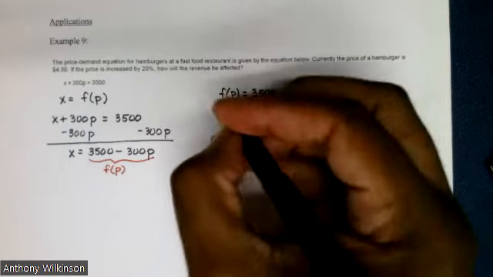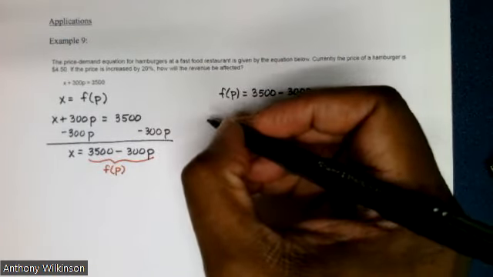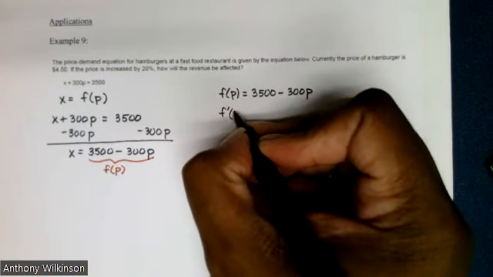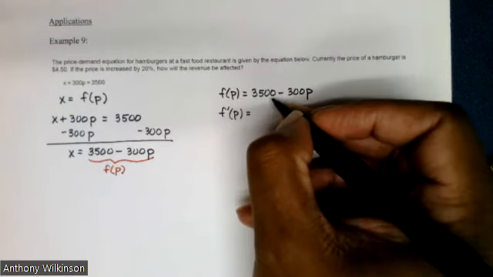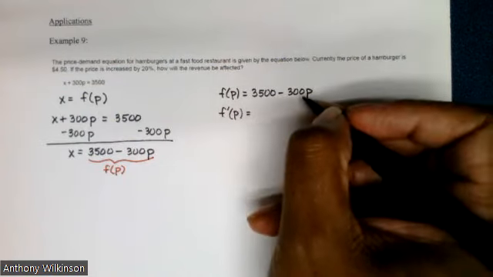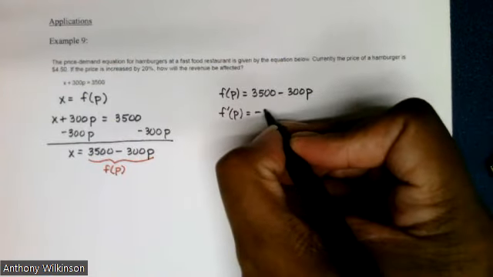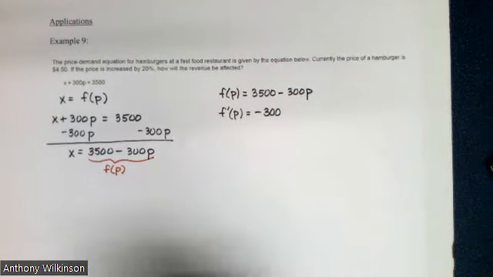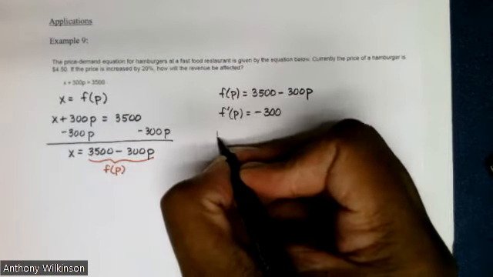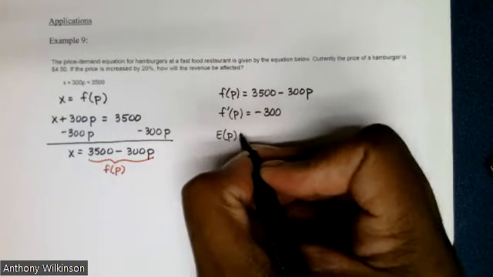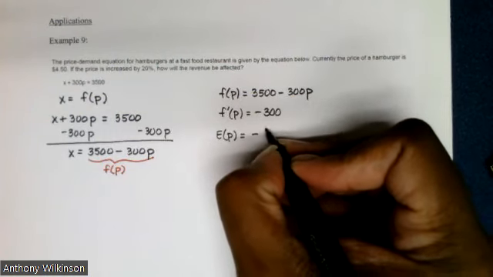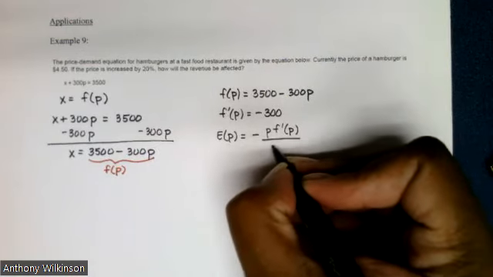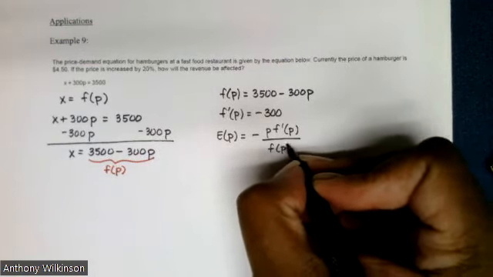Now we can take its derivative and find out what that elasticity of demand function would be. So f prime of p would be this. The derivative of 3,500 is 0. The derivative of negative 300p would be negative 300. So here, E of p would be negative p times f prime of p divided by f of p.